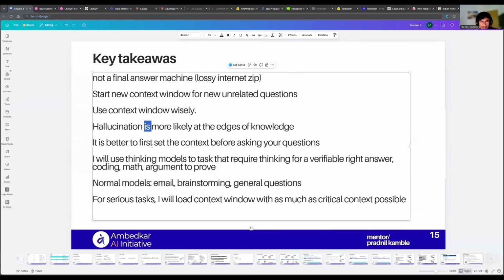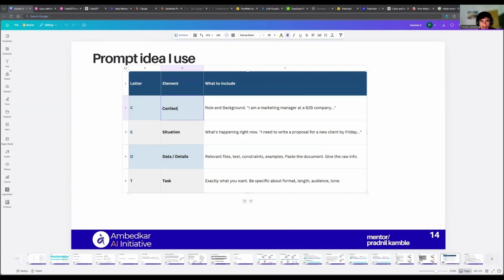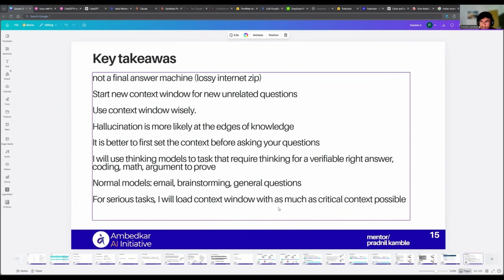It is better to first set the context before asking your question, as I've said. In our table here, I see that it's really important to first set the context so that the model can properly assist you. And I use thinking models for tasks that require thinking for a verifiable right answer. Obviously, there has to be a right answer, or else the model just keeps thinking and eventually hallucinates.